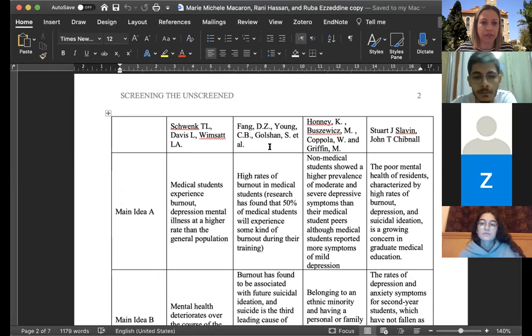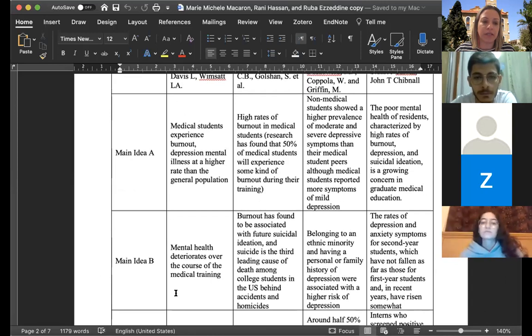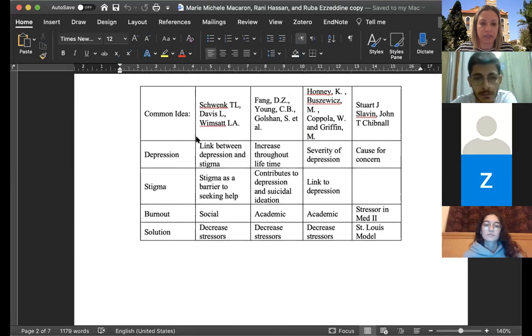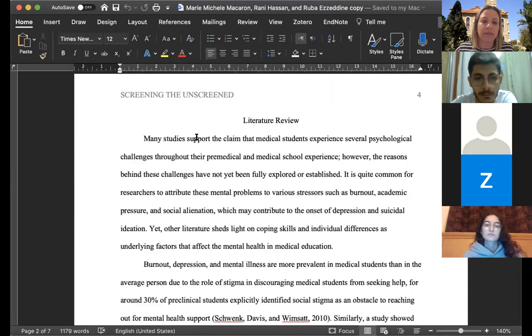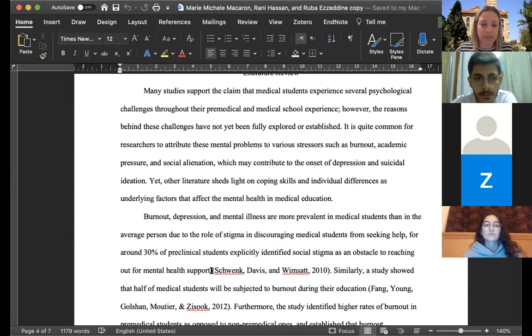So here they put the sources, they didn't put the years. However, they plugged in the main ideas of the sources. And then they began the literature review. And look how they cited everything. For example, this is one citation.